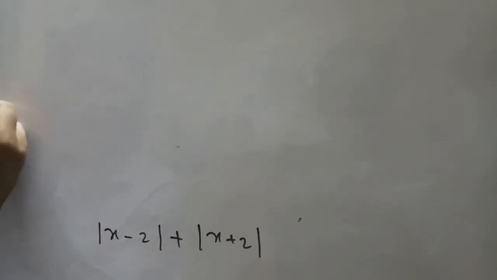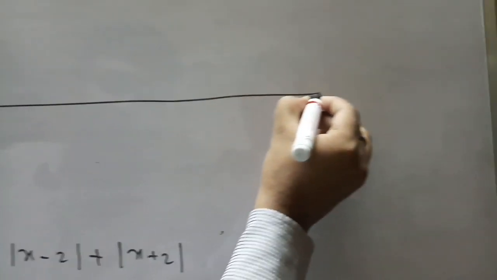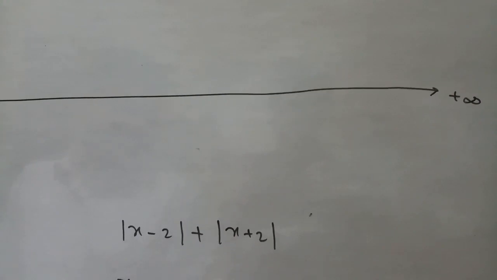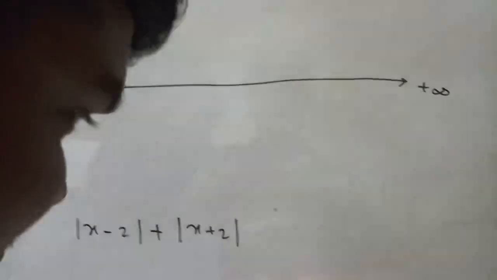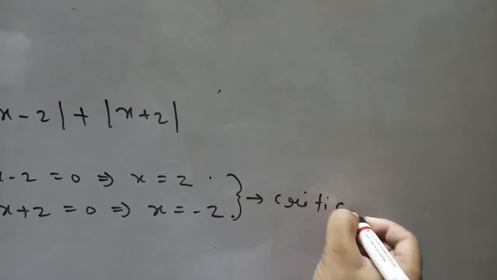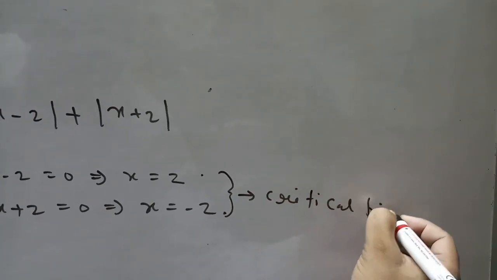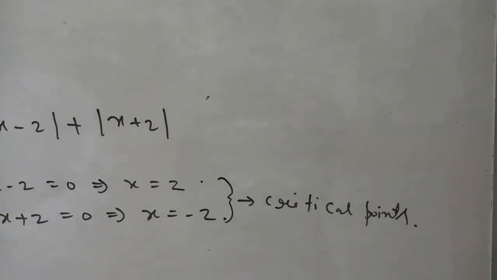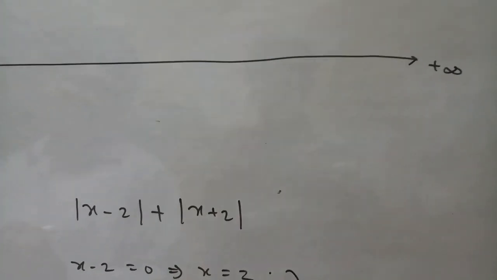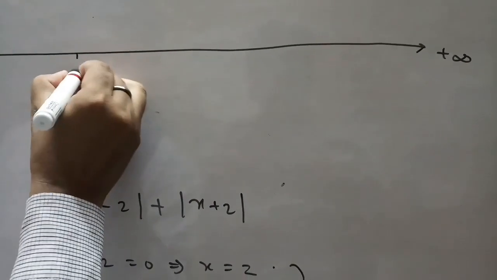Now draw this number line, from minus infinity to plus infinity. The critical points are plotted in ascending order, so this is minus 2 and this is 2.